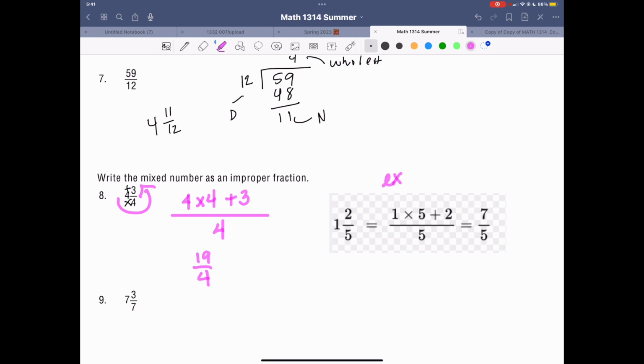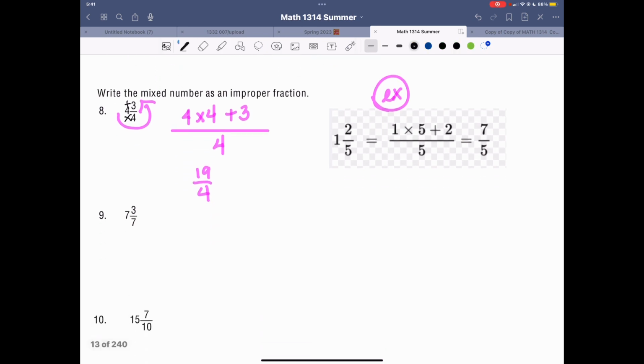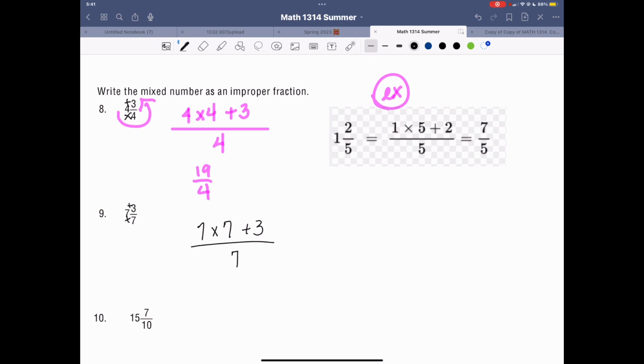And here's an example of that. Okay, let's do it again with number 9. You're going to get 7 times 7, and then you're going to add the 3. So 7 times 7 plus 3. 49 plus 3 is 52. And all of that's over the original denominator, which is 7. So 52 over 7. Again, you want to make sure that they're all in lowest terms.